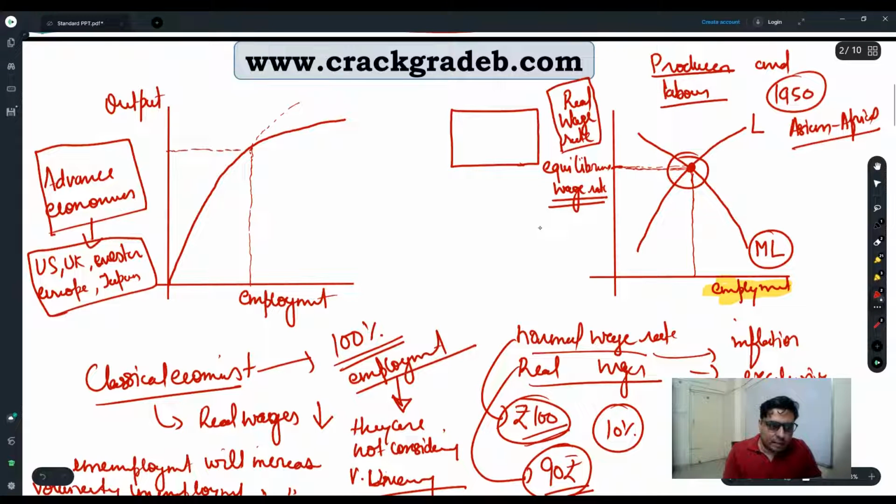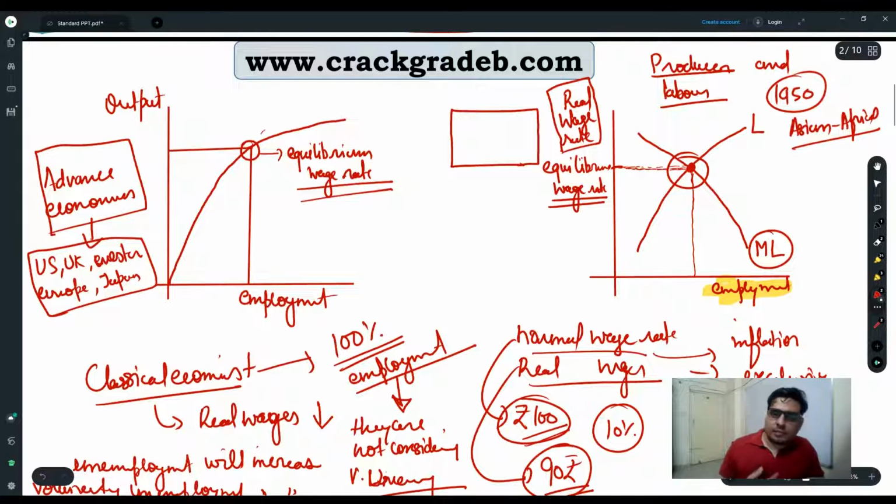So what I am explaining at this point, this is the point where this is the equilibrium wage rate.